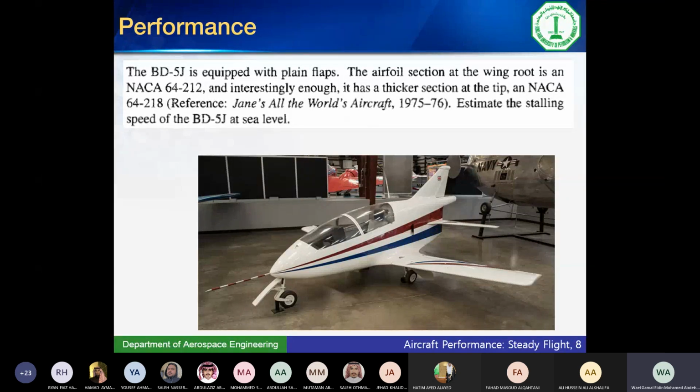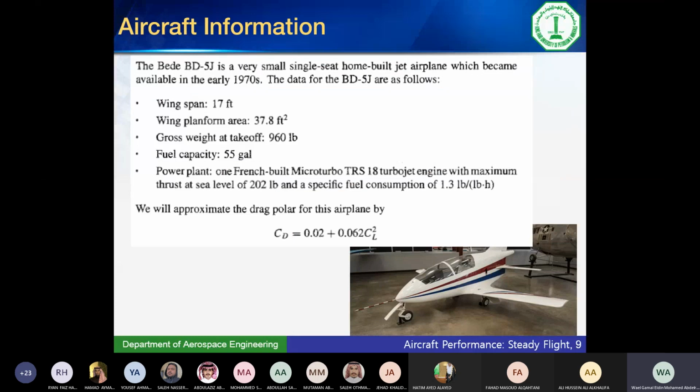In both cases, you will probably find more information than you need. So, for example, information given for this problem are the wingspan, the wing planform area, the total weight, the fuel capacity. That doesn't mean I have to use all of them in every problem, because that's the nature of design. You will probably have more information than what you need. You have to pick the ones that are relevant.